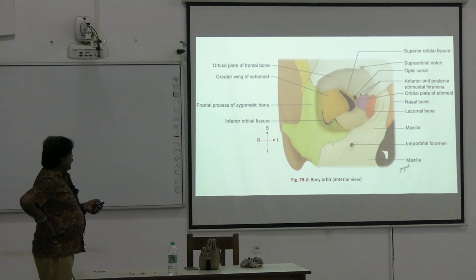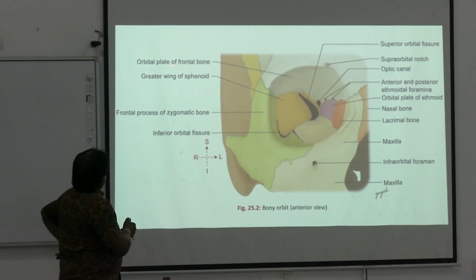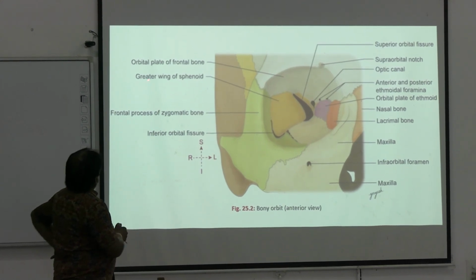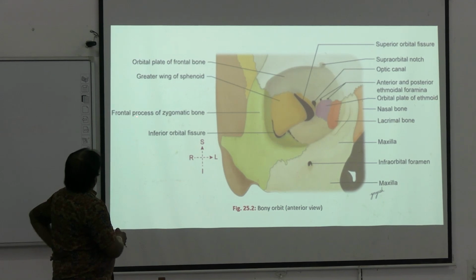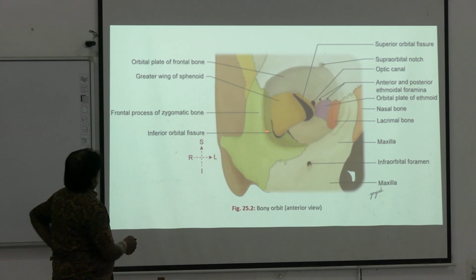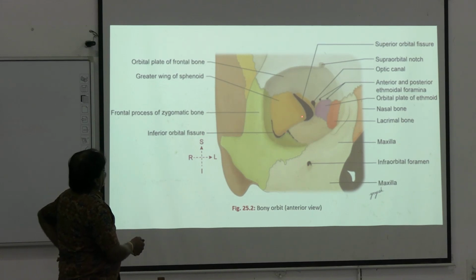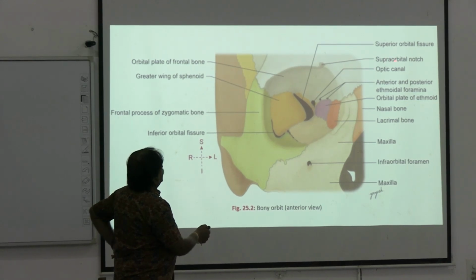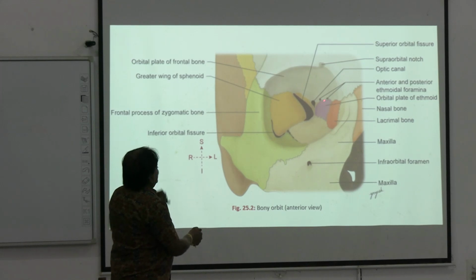Now, here in the bony orbit: the orbital plate of the frontal bone, greater wing of sphenoid, frontal process of the zygomatic bone, the inferior orbital fissure, and this is the superior orbital fissure, and the supraorbital notch, optic canal, anterior and posterior ethmoidal foramina, the orbital plate of the ethmoid, nasal bones, and the lacrimal bone.